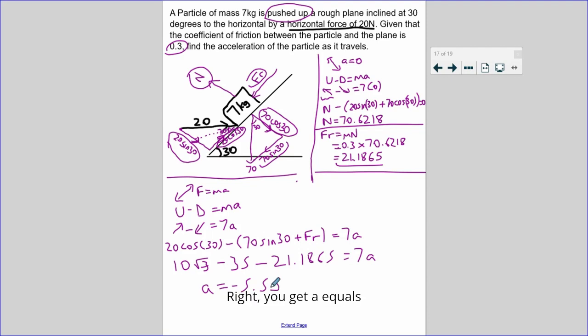Right, you get A equals negative 5.55. Again, it's negative, which means it's a deceleration.